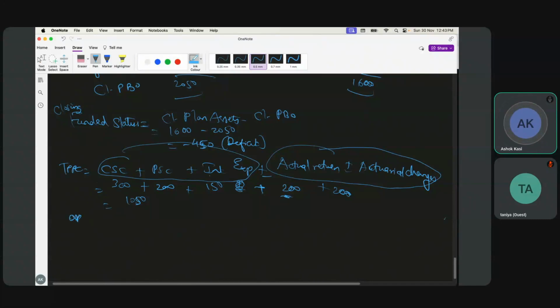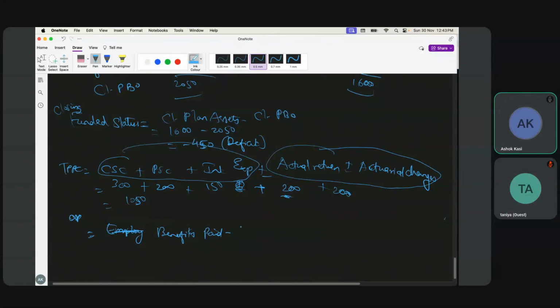Then another formula is benefits paid, that means contribution, right?